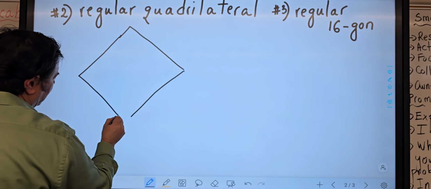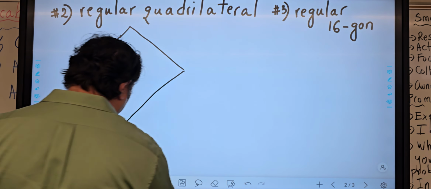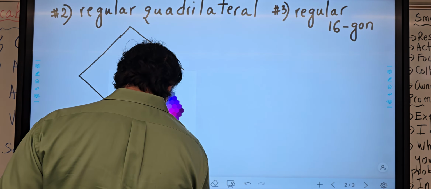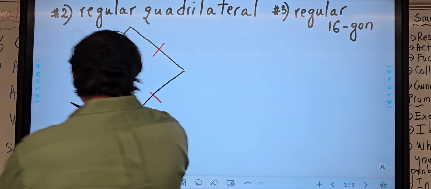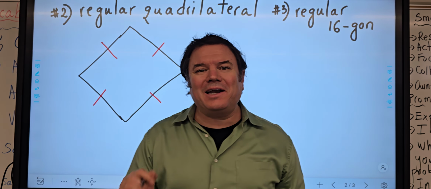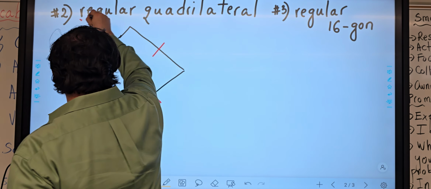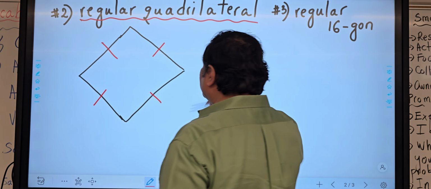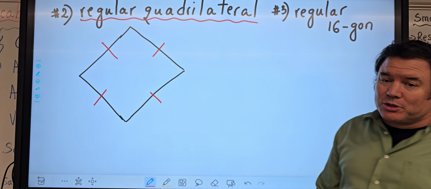Pretend that all of these sides are the same. Again, this side and this side and this side and this side. All of these four sides are the same measure because this is a regular quadrilateral.